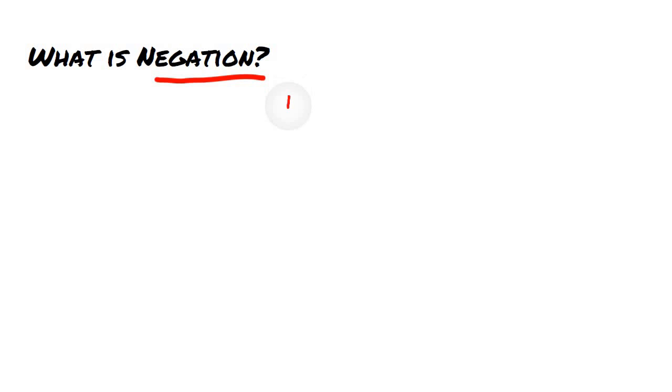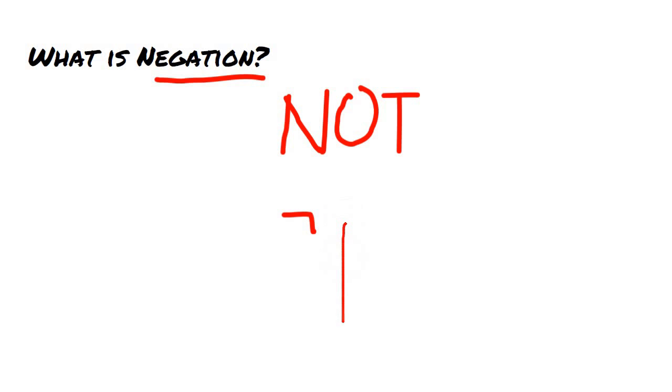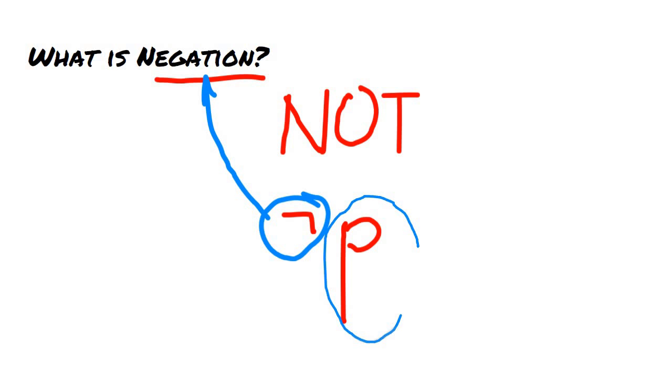It is simply a denial which can be represented by "not" and logically symbolized as the negation of a certain proposition, say P. Here, the symbol represents the negation, while the P here represents the propositional variable.